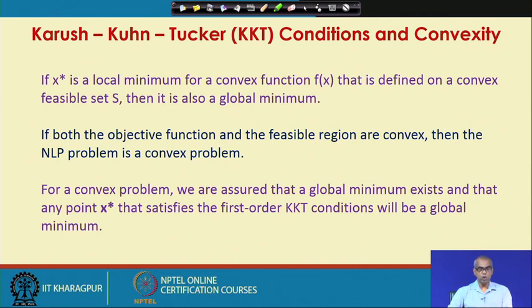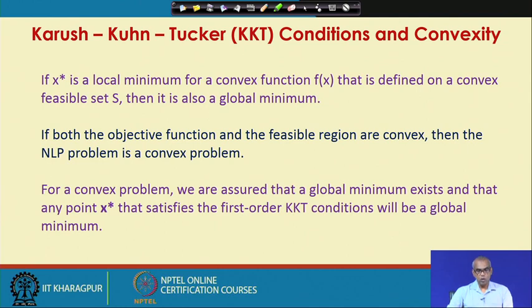So, remember, if both the objective function and all the constraints are convex, then the NLP problem is a convex problem. In other words, if the objective function is convex and the feasible region is also convex, then the given problem is a convex problem.